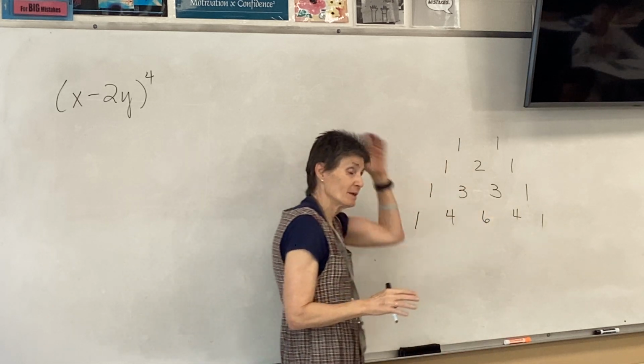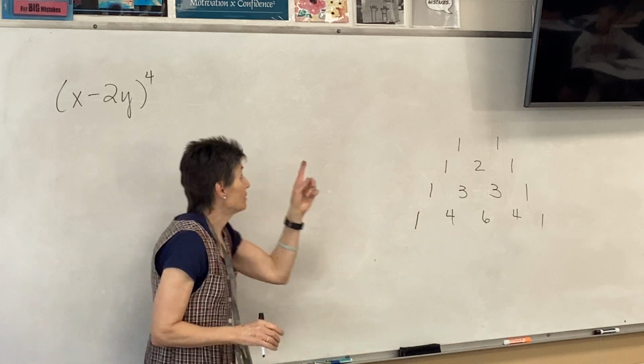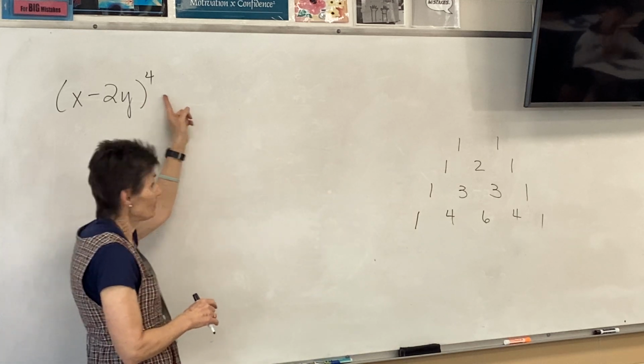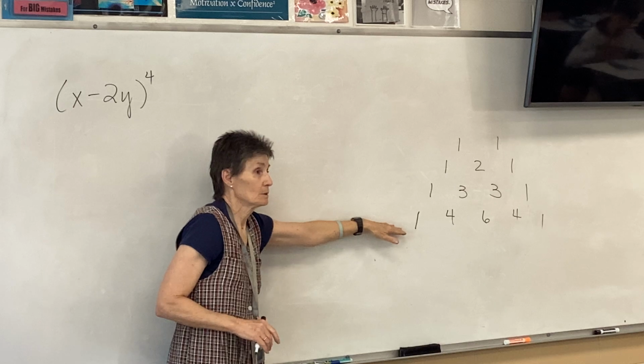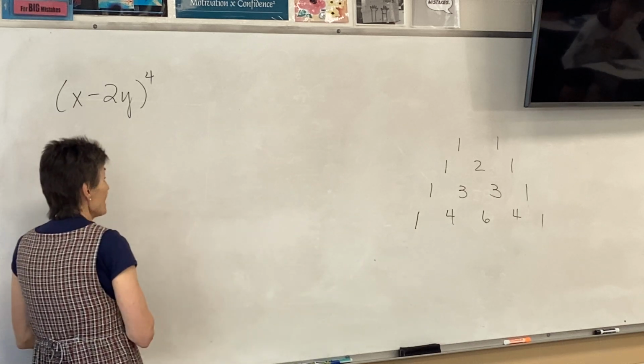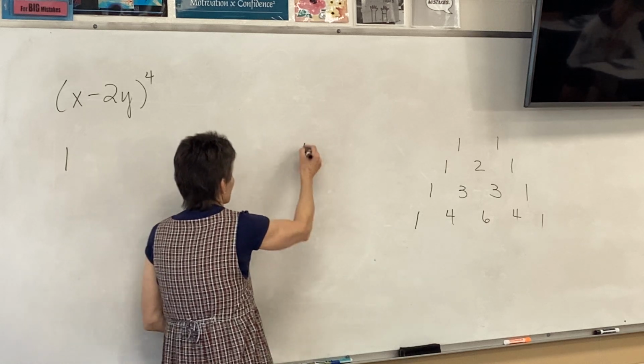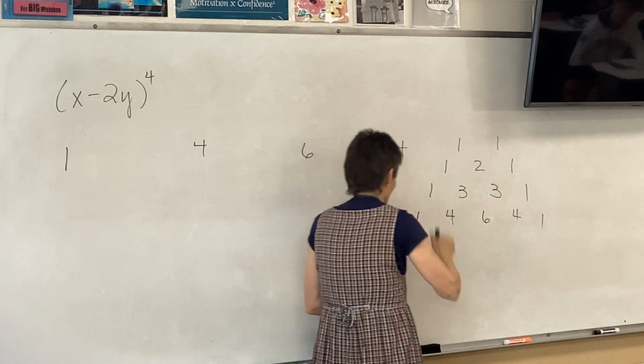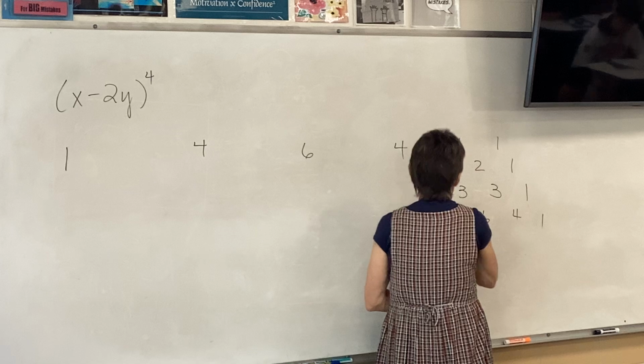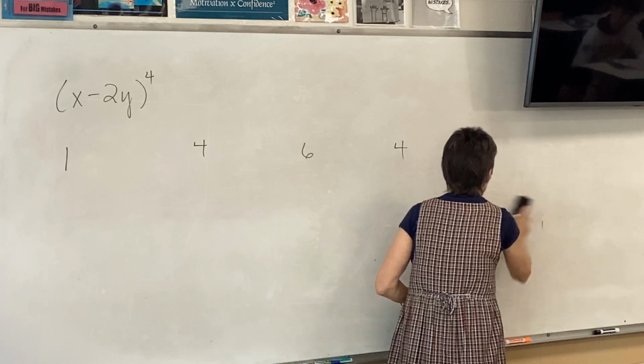And that's all I'm going to build, because 4th power, 4th row. So I'm going to write down those numbers: 1, 4, 6, 4, 1.